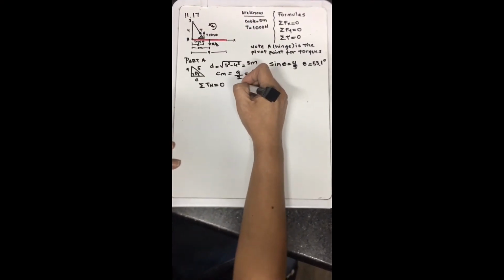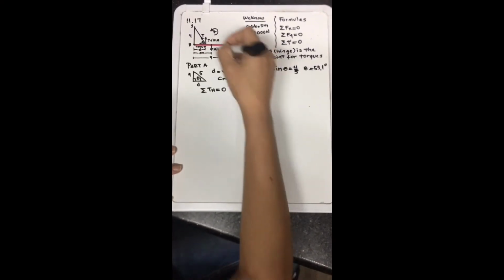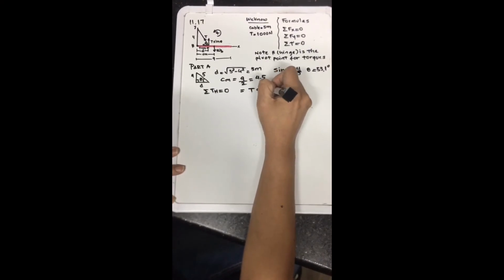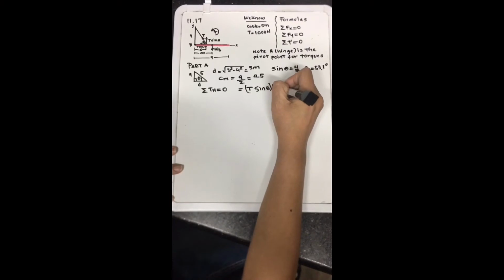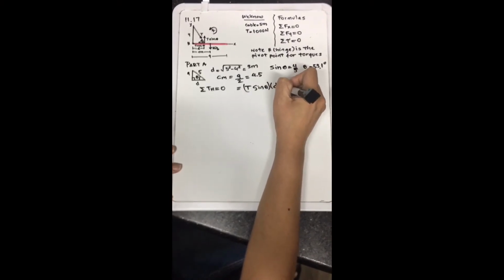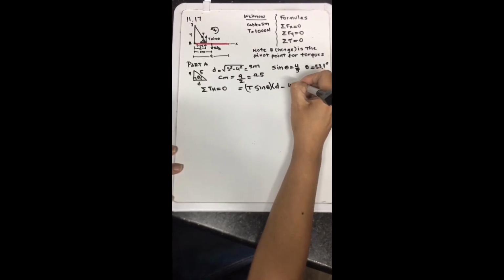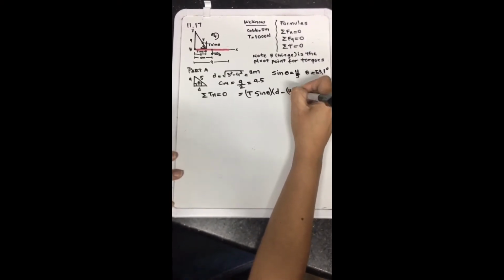So we have tension times sine of theta times D, in the positive direction, minus the weight of the beam times the center of mass distance, and this is equal to 0.